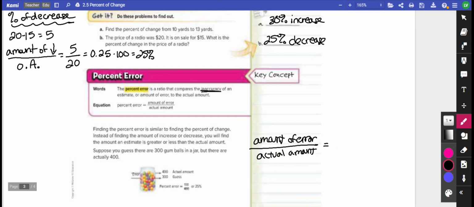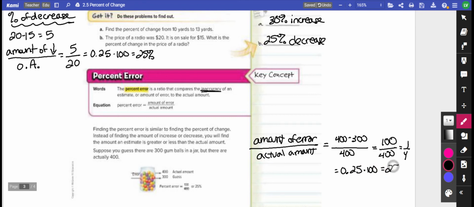Well, the amount of error is going to be 400 minus 300. And I'm going to divide it by the actual amount of 400. So that is a difference of 100 divided by 400, which is equivalent to 1/4. 1/4 equals 25 hundredths. So you multiply that by 100, that gives you 25%. So it has a 25% error.